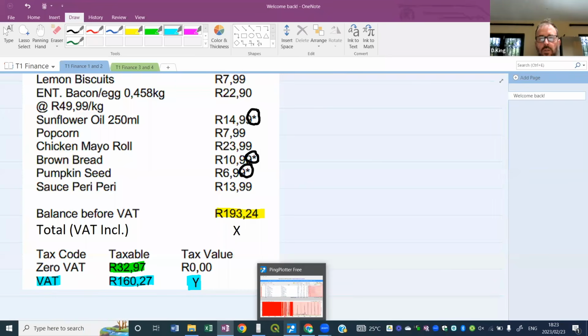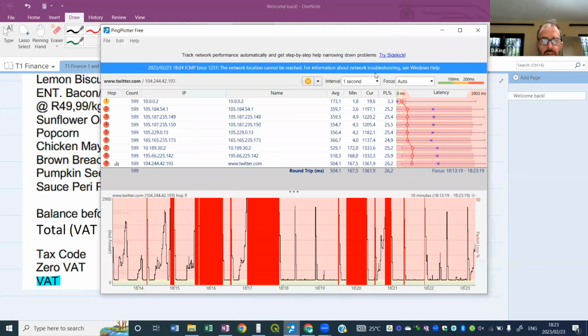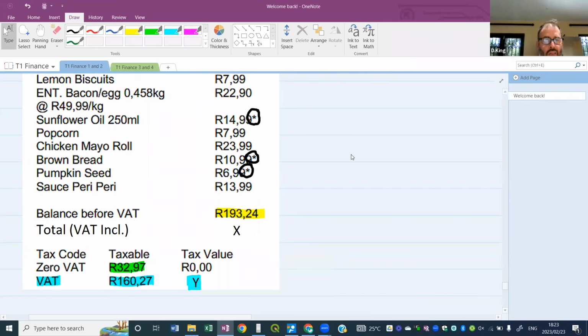All right, we're getting some answers now. Let's have a look. Siama's asking if the 160.27 is VAT included. It is not. We want to work out how much is the VAT on there. That 160.27 hasn't got VAT on. I want you to work out how much it is with the VAT.